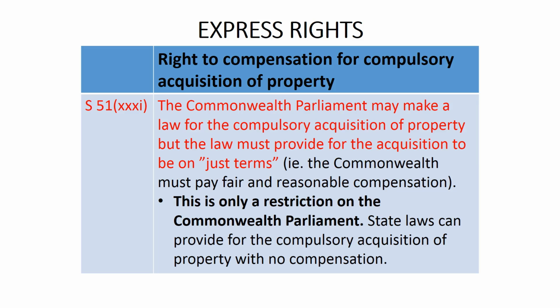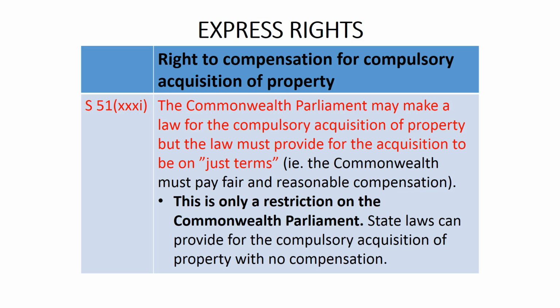So, if the state government wanted to build a road, then the state parliament could pass a law that authorised the state government to compulsorily acquire the houses of people where those houses were in the way of the road, and that law would not have to provide for the acquisition of those houses to be on just terms. That is, the state government would not necessarily be obliged to pay compensation for acquiring those houses.